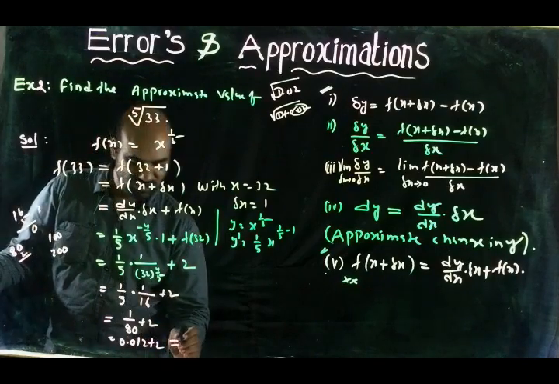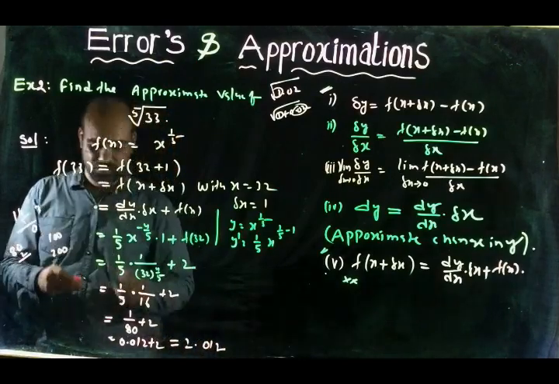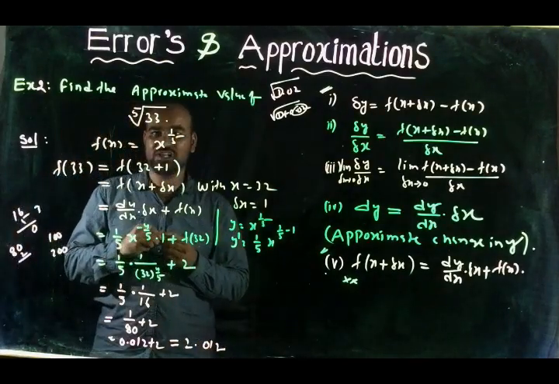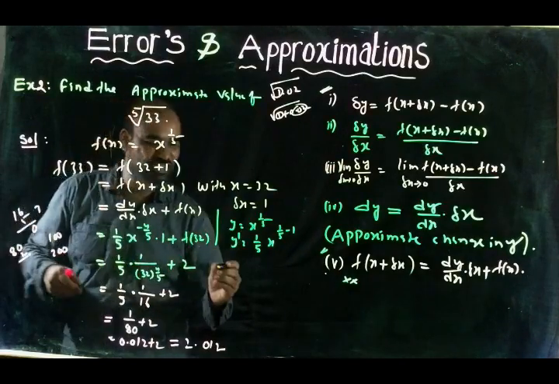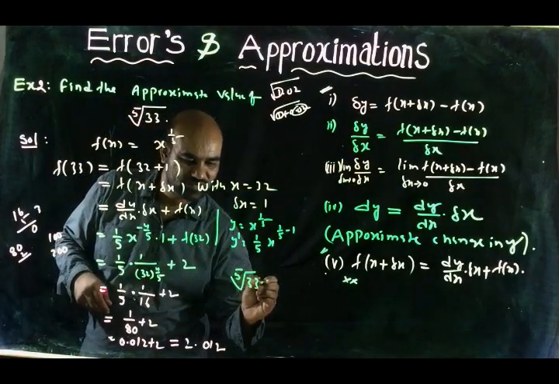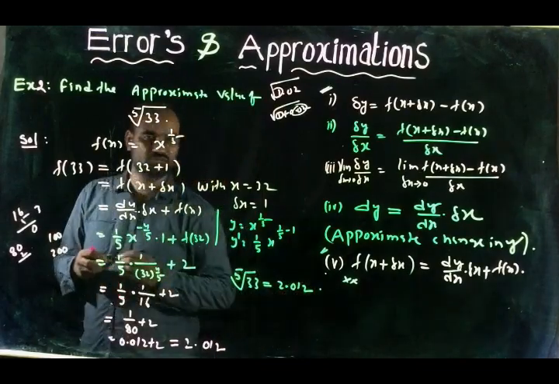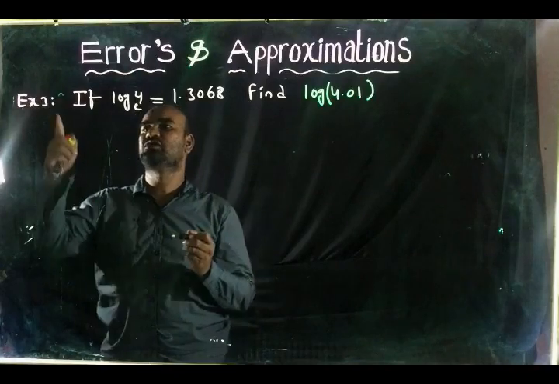So this is equal to 2.012. Therefore, approximate value of fifth root of 33 equal to 2.012. Okay, students, example 3.